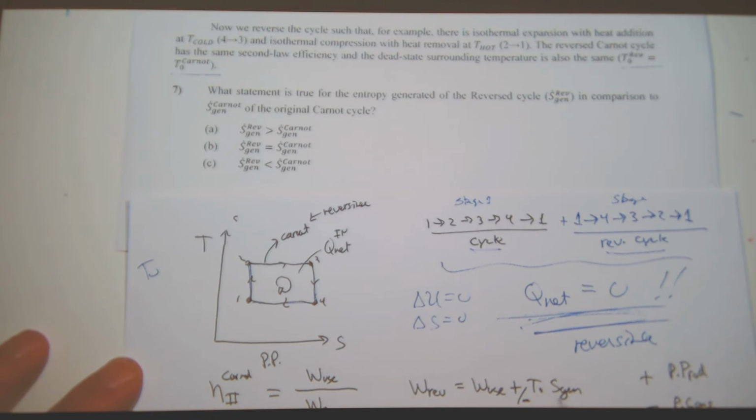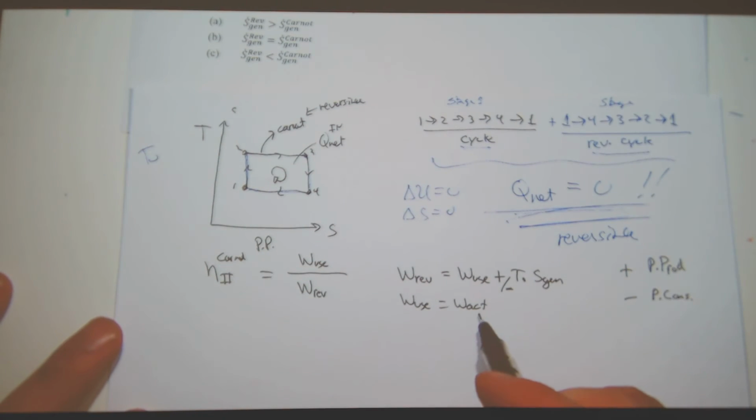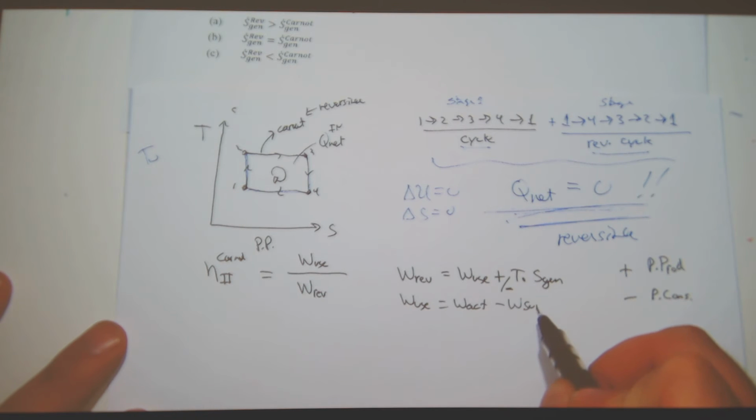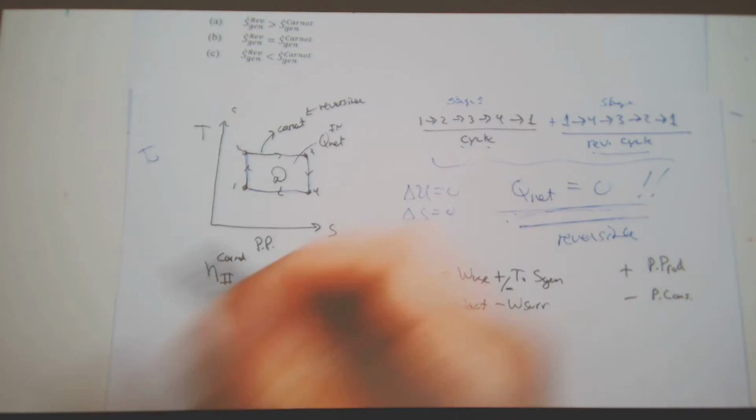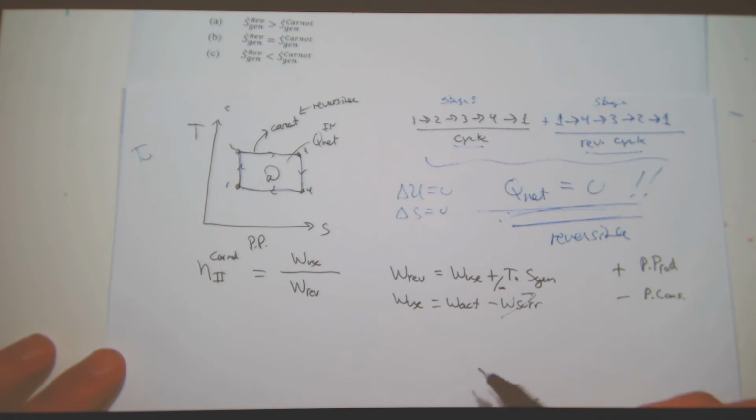So I have this expression with the plus sign and work useful, and I could write work useful is equal to work actual minus work surroundings. In this case, we're not doing any surrounding work, so I can cross this out.